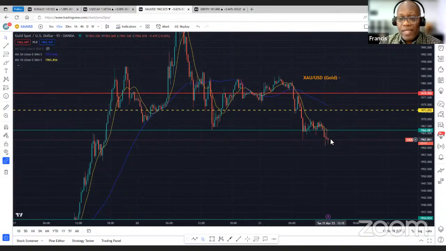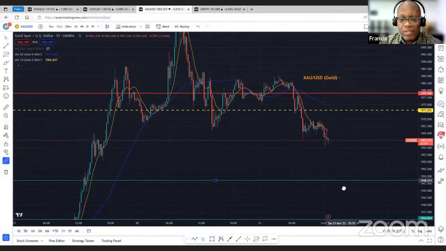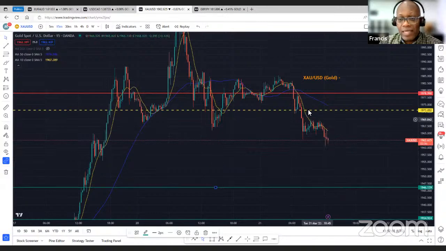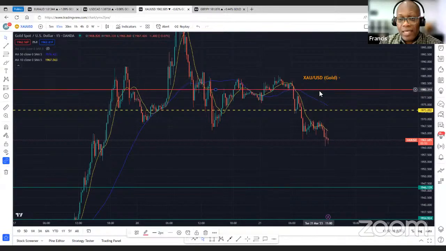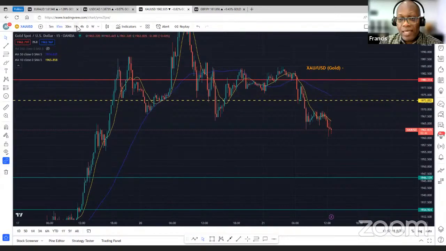Where it is now is where I would have been looking to get a 1-to-1 at least. If I'd entered here, stop loss somewhere there, so it's like giving a 1-to-1 at the moment. Let's see if we can still enter.